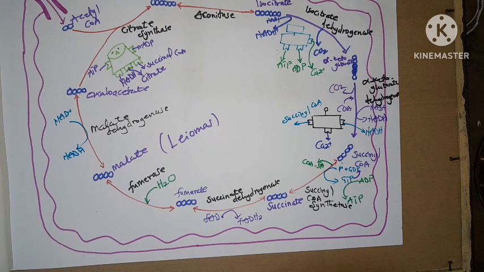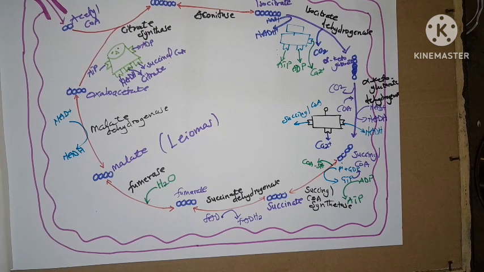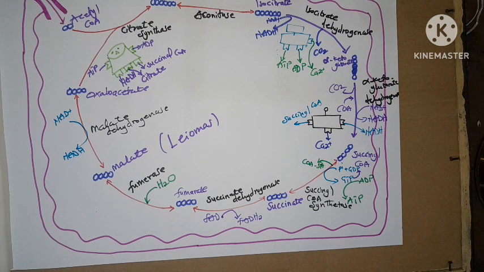And then from here, this oxaloacetate can fuse with another acetyl-CoA and form citrate. And then the cycle will continue and continue. So remember, we made 2 pyruvate molecules from the glycolysis, so the cycle will be run twice.